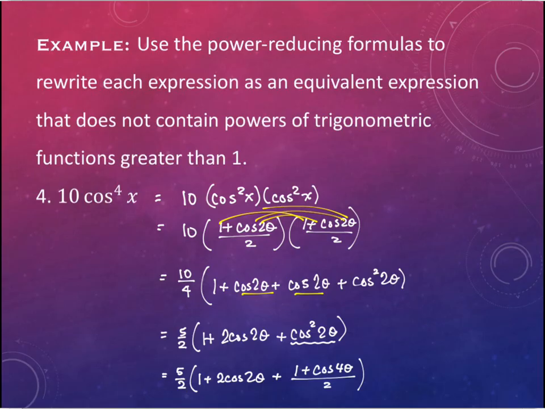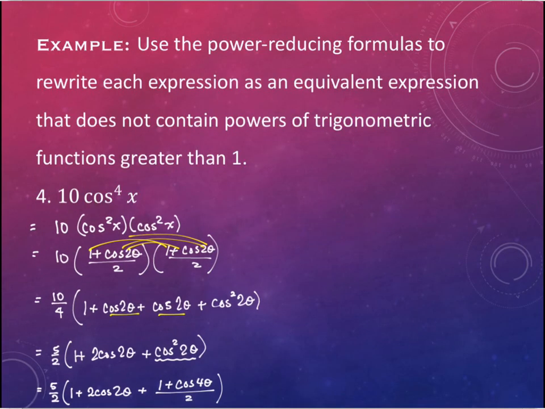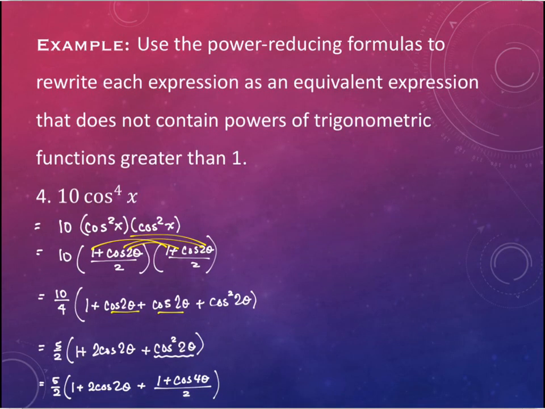We are going to simplify this, clean this up a little bit. I think I need a little bit more space, so I'm going to shift this over. We'll move it up here. So the 5/2 is going to stay the same in the front. And I'm going to get a common denominator. So I want to write each one of these over 2 so it can combine with this one that's over 2.